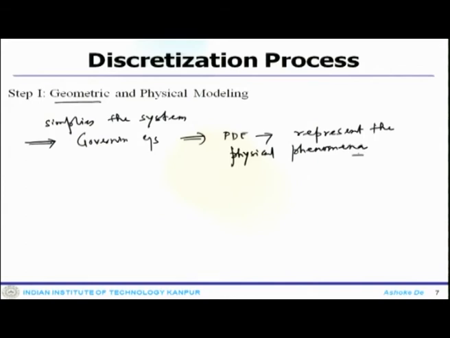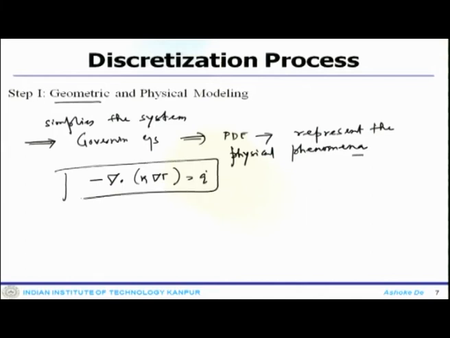Okay. So that is what we do, and in this case you have a steady state heat conduction equation with a source term. This is my PDE. Okay. So the first step is the geometric and physical modeling.